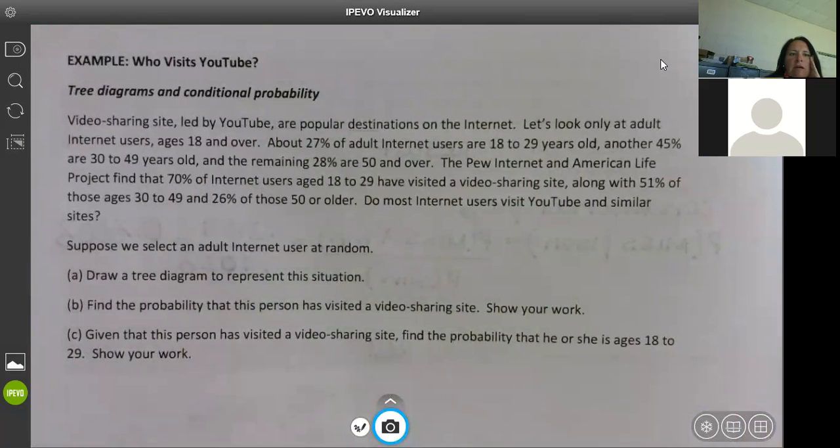The Pew Internet and American Life Project found that 70% of internet users aged 18 to 29 have visited video sharing sites, along with 51% of those ages 30 to 49, and 26% of those 50 or older. Do most internet users visit YouTube and similar sites? Suppose we select an adult internet user at random. Draw a tree diagram to represent the situation.